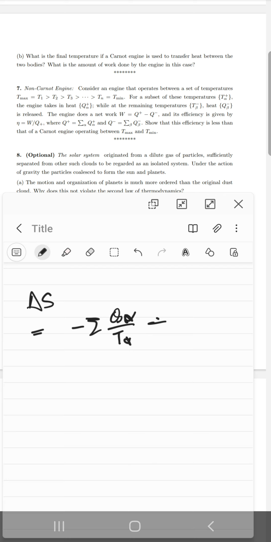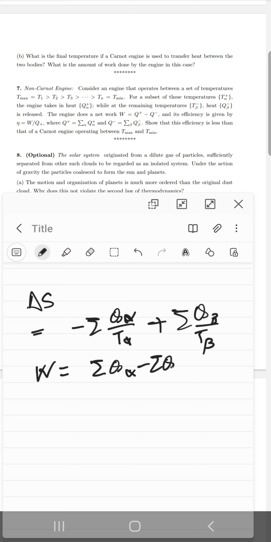Because taking heat from that, plus the summation of Q beta upon T beta, and then the work done is just this quantity. It's just a summation of Q alpha minus Q beta, right? Cool.